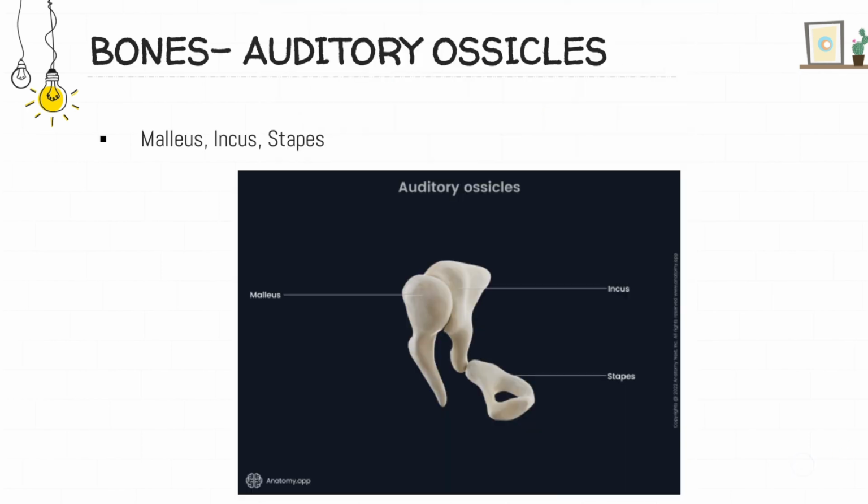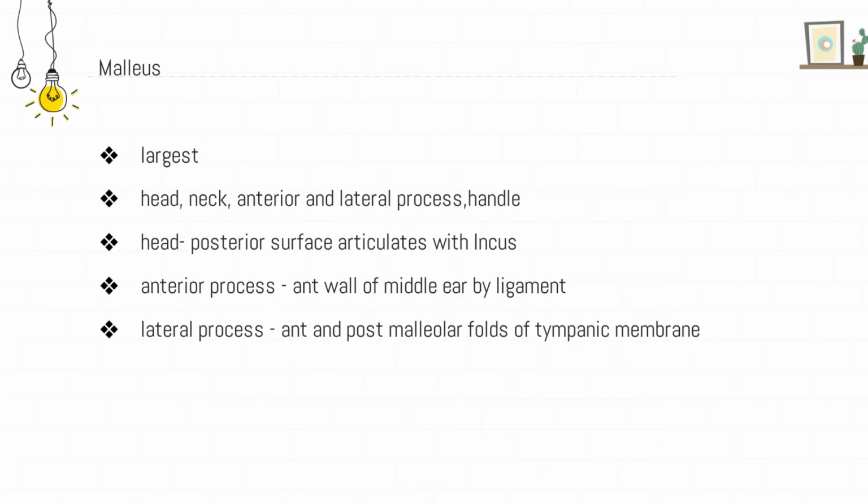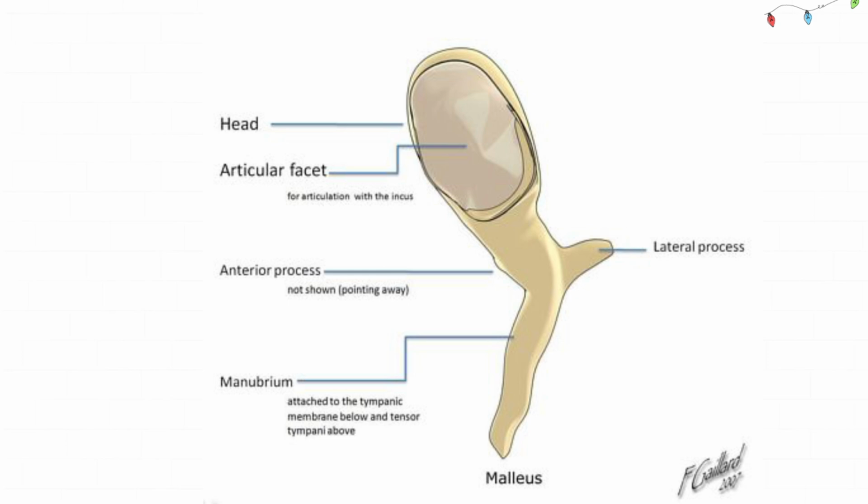The bones, or auditory ossicles, of the middle ear are the malleus, incus, and stapes. Starting with the malleus, it's the largest. It has a head, neck, anterior and lateral processes, and a handle. The posterior surface of the head articulates with the incus.